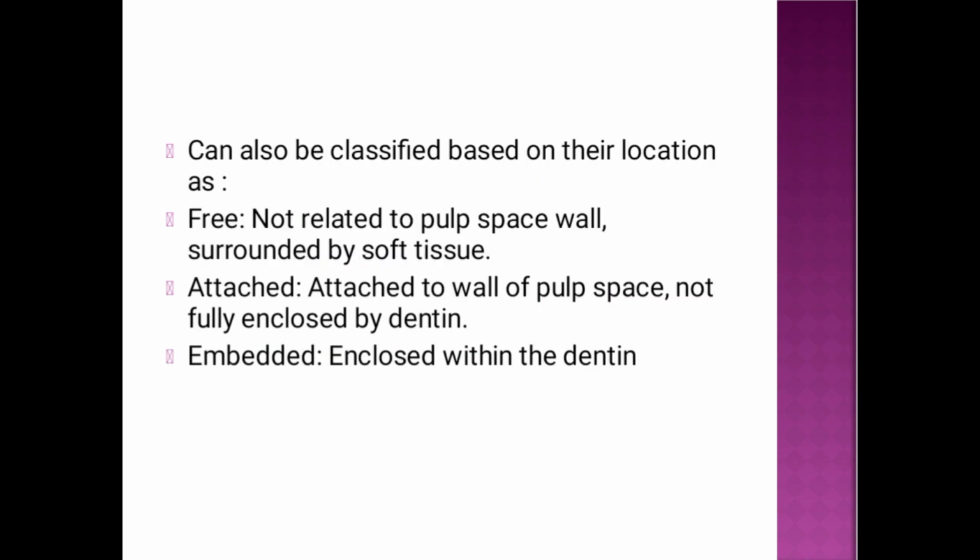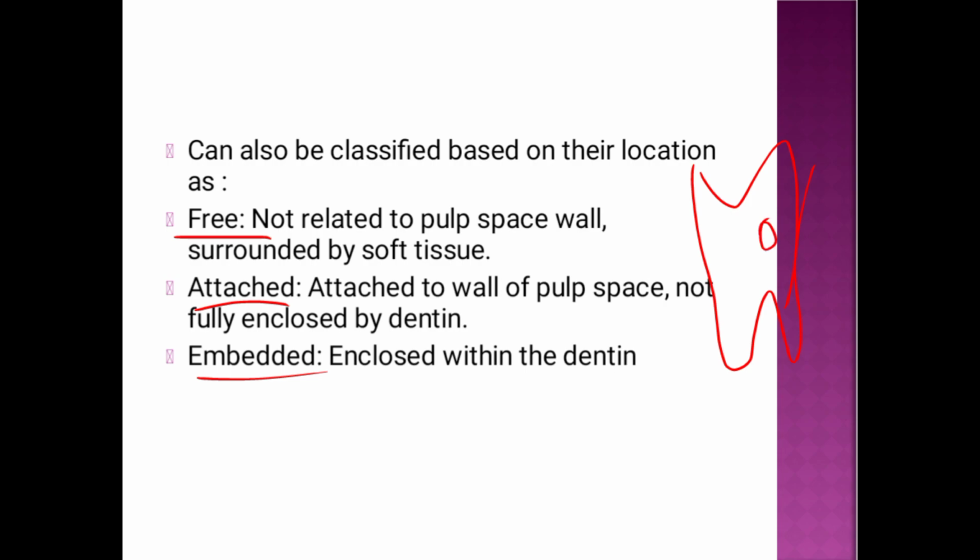Now, they are classified as free, attached and embedded, not related to the pulp space wall, surrounded by soft tissues. So free is when it is free in the pulp, it is here.